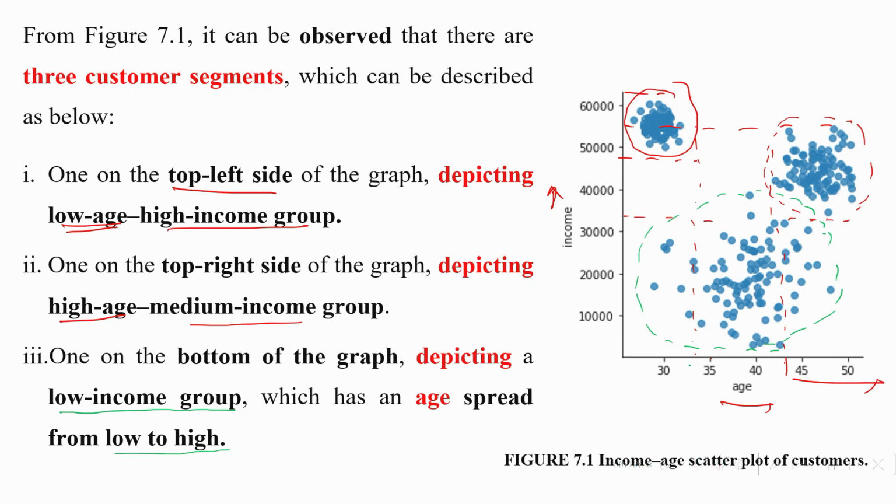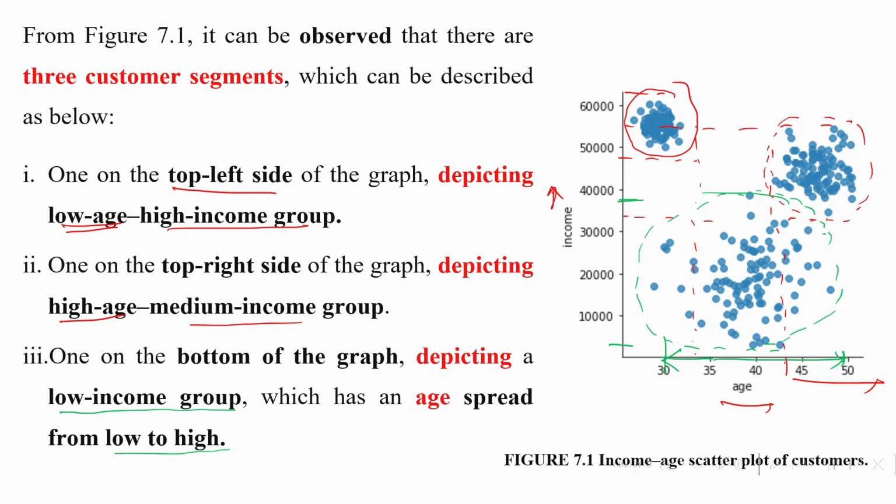The age of this group spreads between 30 and 50, but the income is spread between low income and medium income. So this is one group, and like that we construct the clusters.